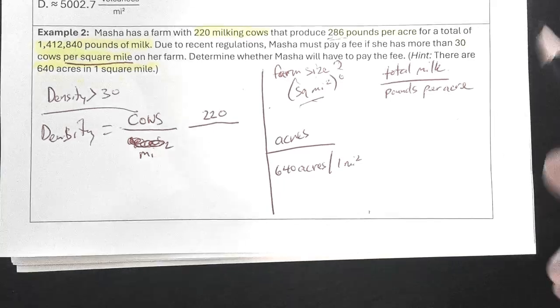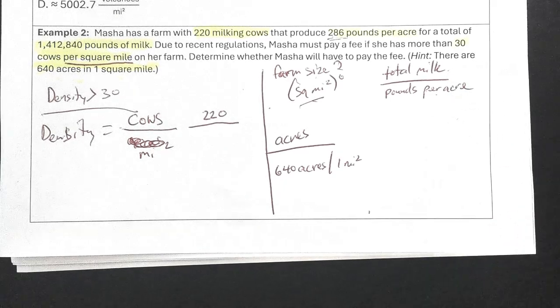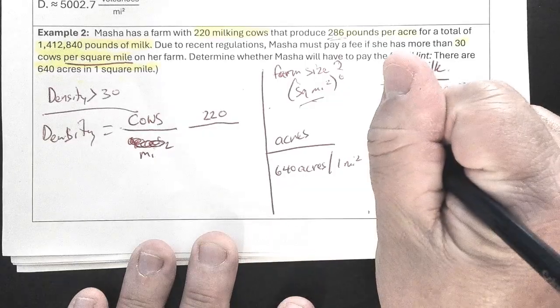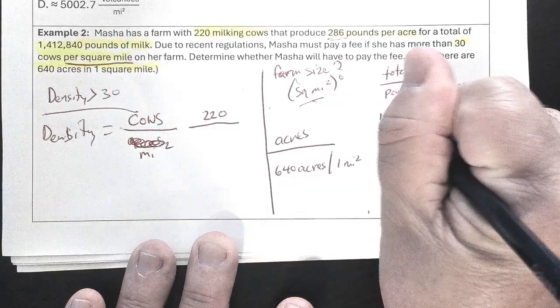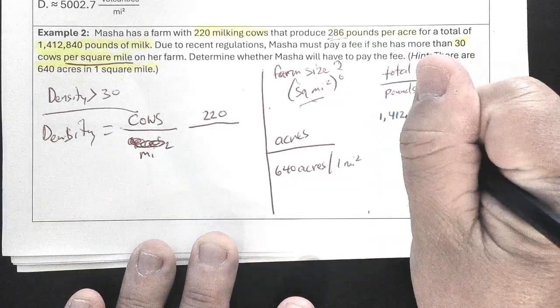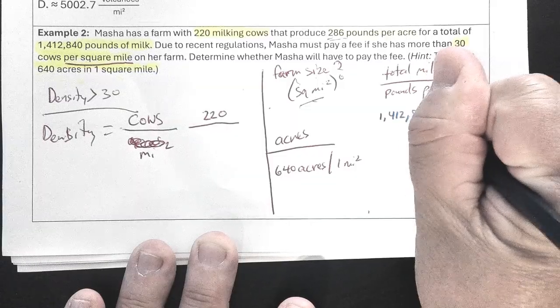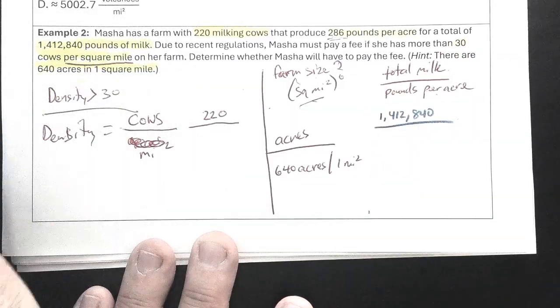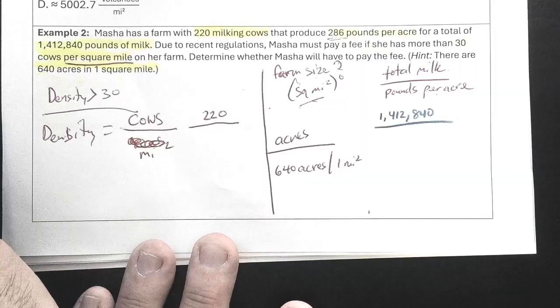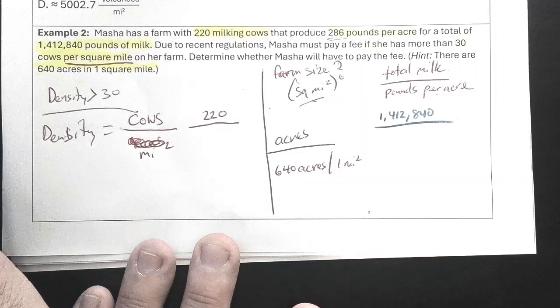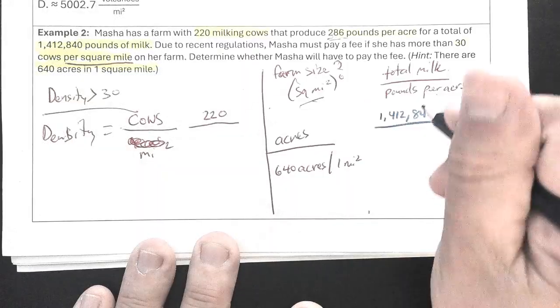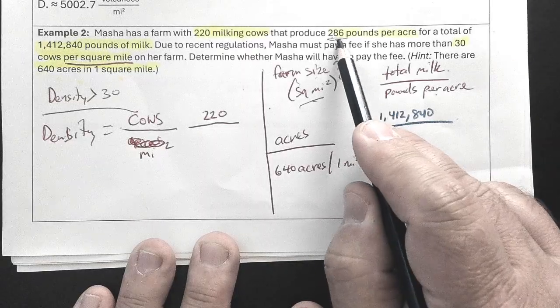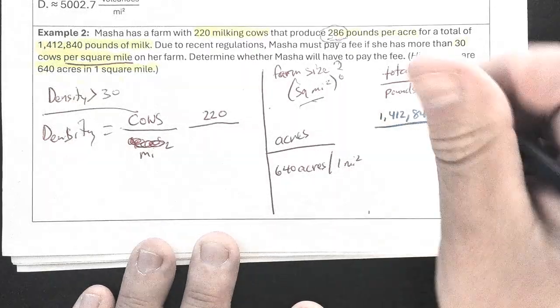Okay, so total milk divided by pounds per acre. Total milk is 1,412,840. And then it's divided by 286 pounds per acre.